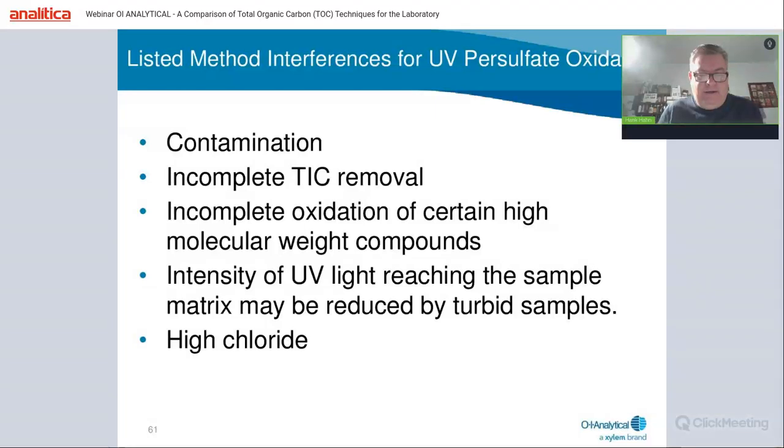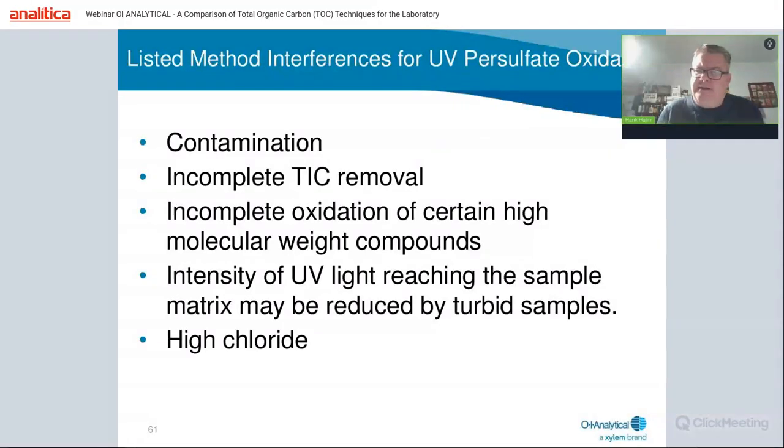The one thing that was discussed in the standard method, their 20th edition, is that UV light must penetrate the sample for a complete reaction with the reagent. In the case of turbid samples, they may prevent complete transmission of light through that sample, thereby reducing the oxidation capacity.